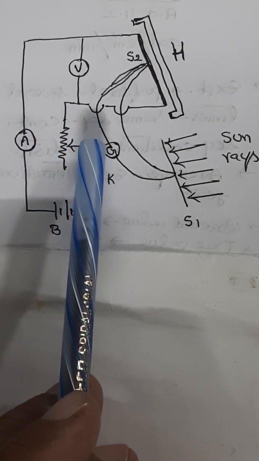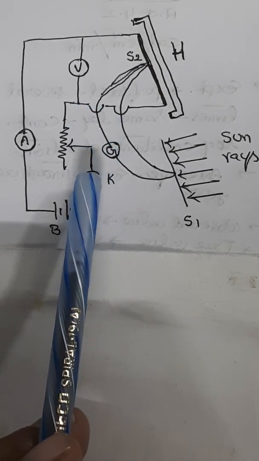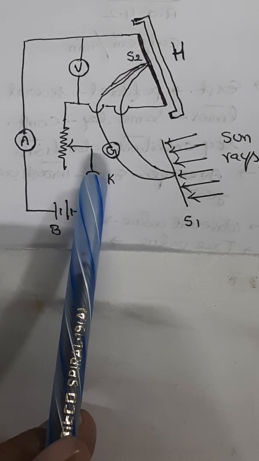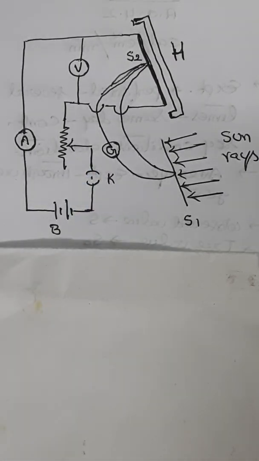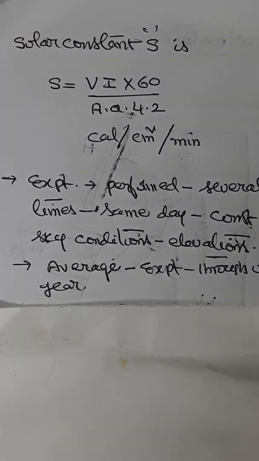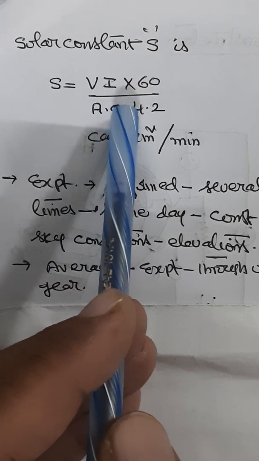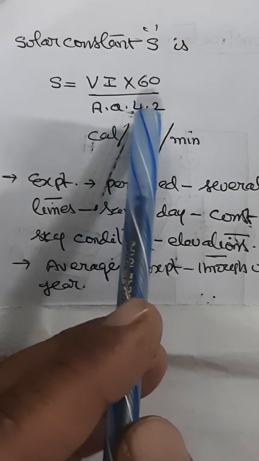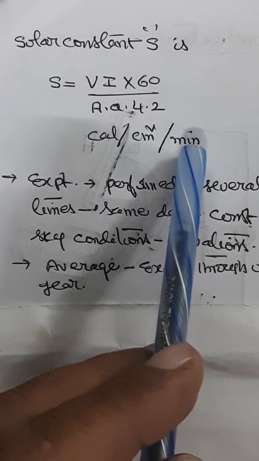If you take capital A as the area of cross section of the strip and small a as its absorption coefficient, then we can calculate the energy absorbed or solar radiation received per minute per square centimeter as V I into 60 divided by capital A into small a into 4.2, in calories per centimeter square per minute.